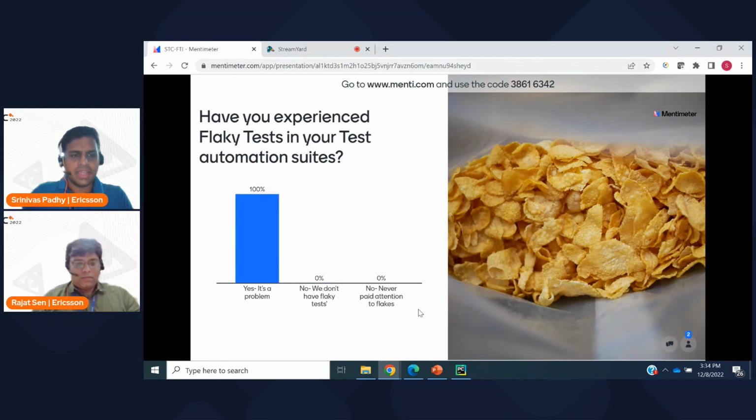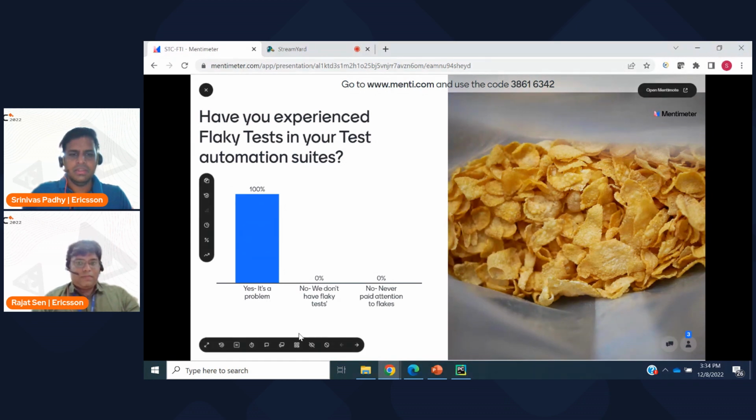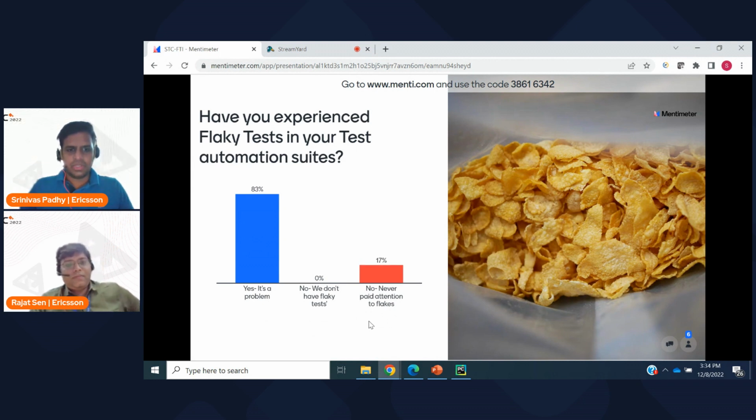Very good. So looks like it is a problem overall. I got two people polling about it. Now three. So it is a problem if we go by this. Four. Everybody is saying okay. So 17% says that they never paid attention to flakes. So friends, it's just the right time to pay attention to flakes.